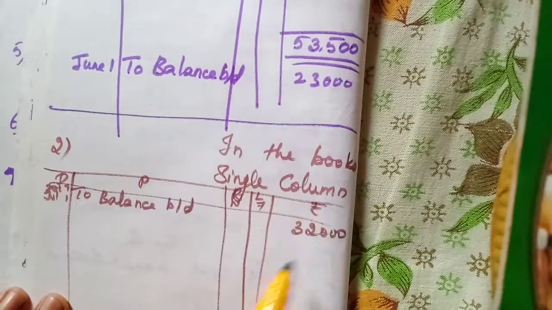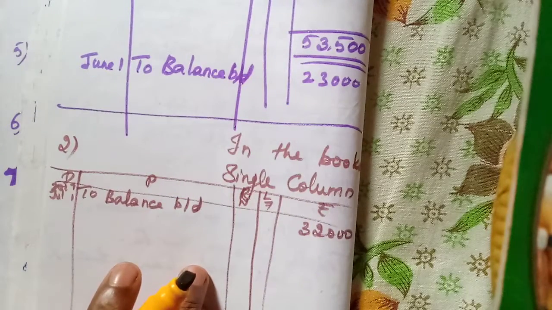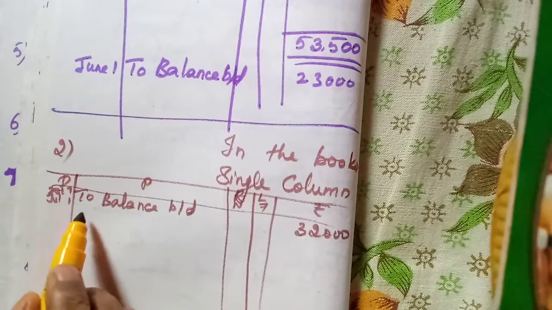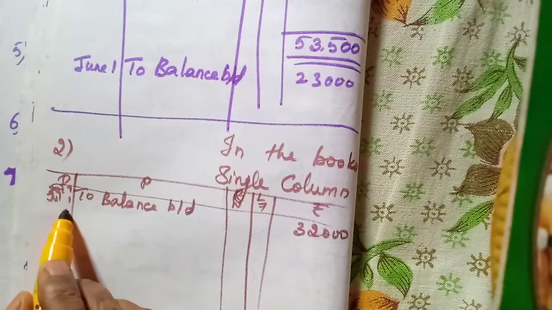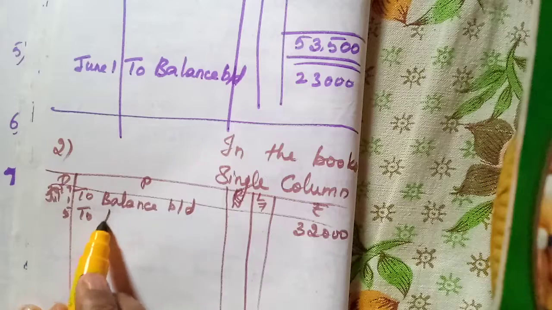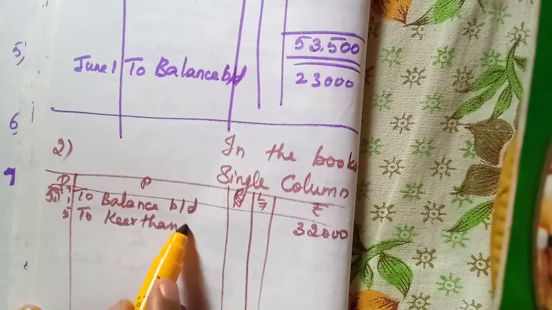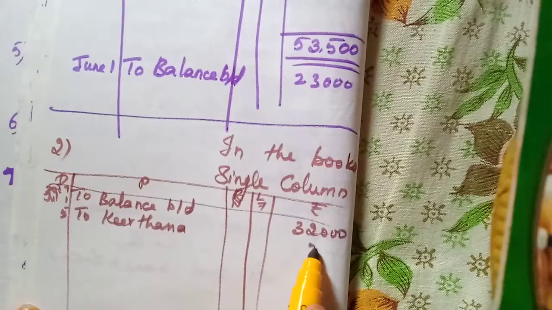Here you can write rupees. Okay, received from Kirtana, so cash account debit to Kirtana. Receipt 5,000.